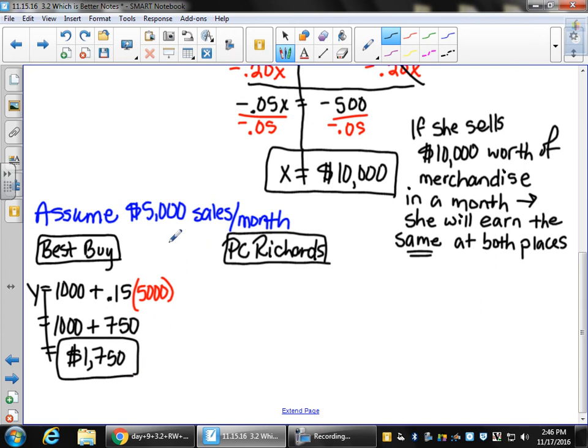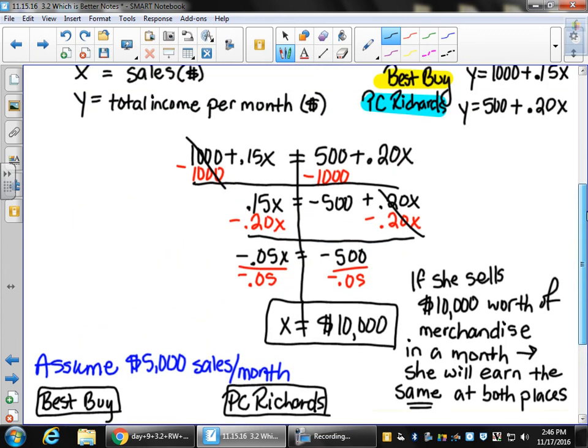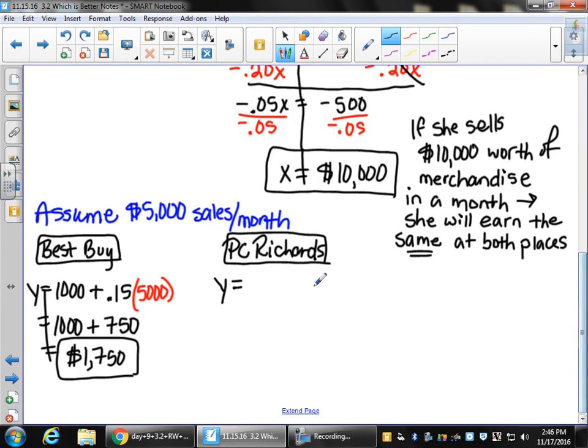Now let's assume the same amount of sales and see what PC Richards would pay her. So that would be y equals, let's go up and use our PC Richards equation, 500 plus 0.20, 20% commission on the $5,000, is 500 plus 0.20 times 5,000 is $1,000.